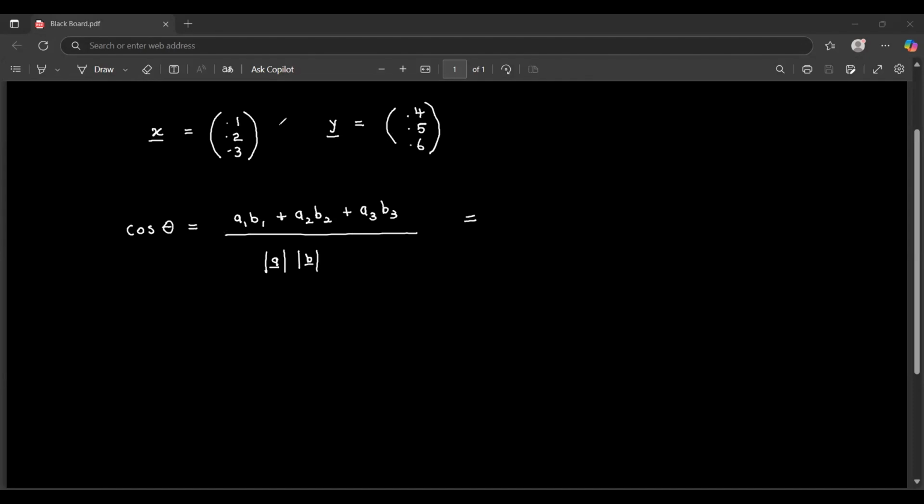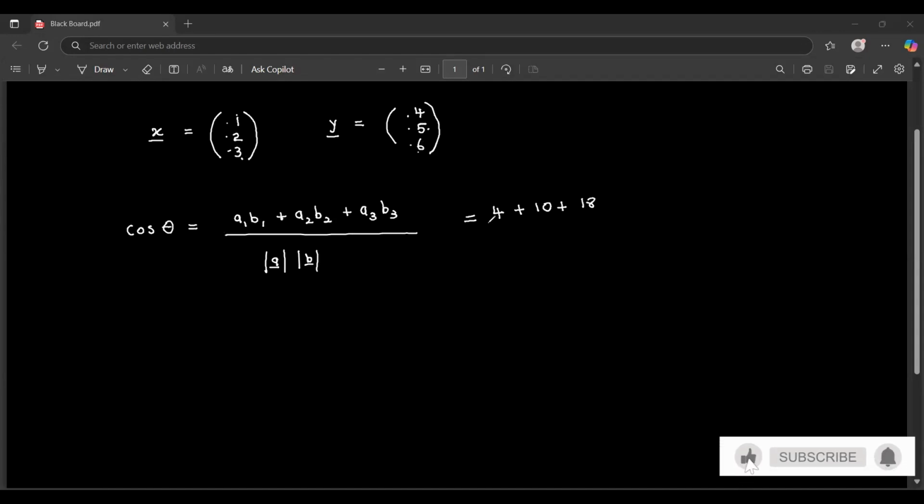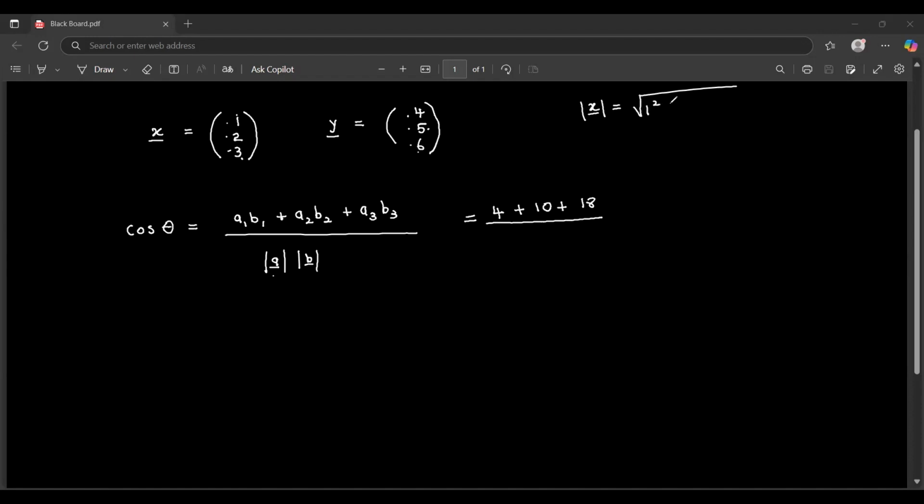So that is equal to 1 into 4, 4, plus 2 into 5, 10, plus 3 into 6, 18, over, we have to find the modulus of x first. So modulus of x will be equal to square root of 1 square plus 2 square plus 3 square.